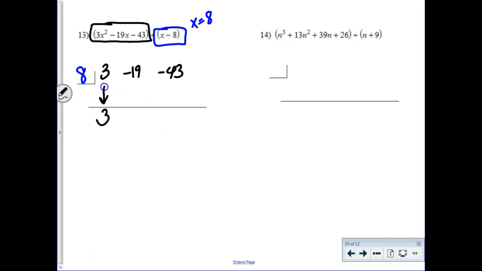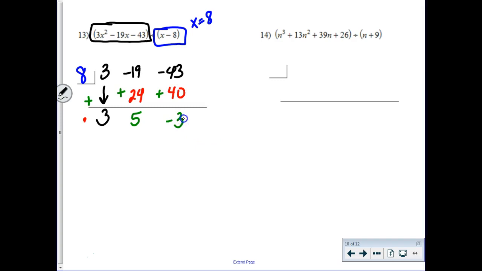Bringing down the 3. Now it's a series of multiply when you're on the bottom and add when you're on the top. 3 times 8 is 24. Negative 19 plus 24 is 5. 5 times 8 is 40. And then negative 43 plus 40 is negative 3.